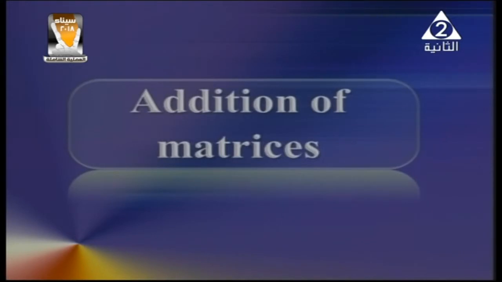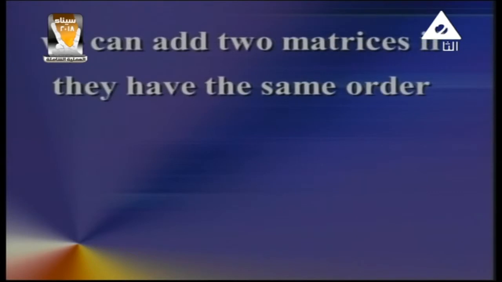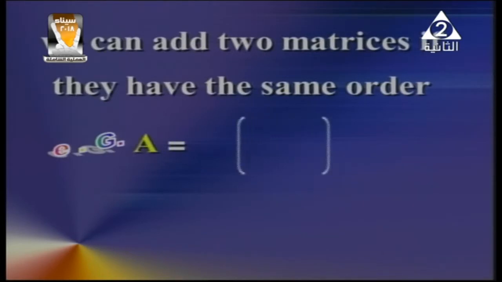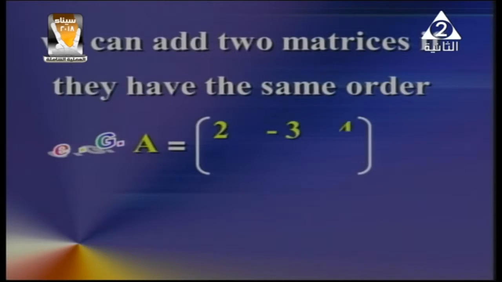Addition of matrices. We can add two matrices if they have the same order. Look at matrix A: 2, -3, 4, 1, 5, 7. This matrix has 2 rows and 3 columns.